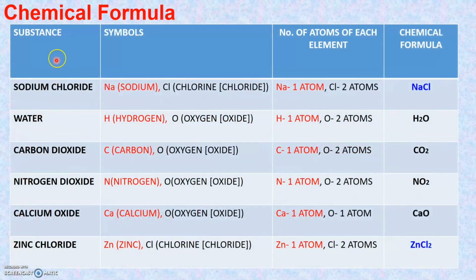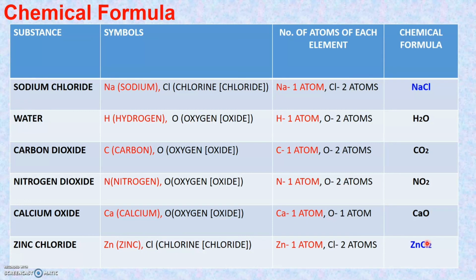Now, do you remember this table wherein we saw the chemical formula of a few of the compounds? Yes, in this, did you notice any difference in the chemical formula of the compound sodium chloride and zinc chloride? Yes, we see that the chemical formula of the compound sodium chloride is NaCl, while the chemical formula of the compound zinc chloride is ZnCl2 and not ZnCl.